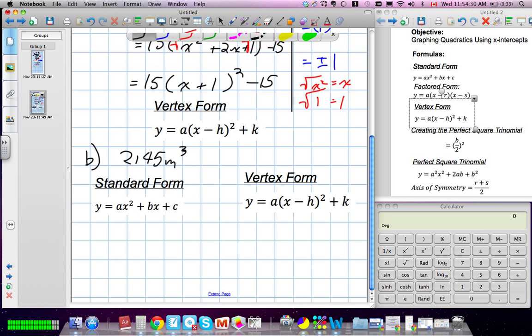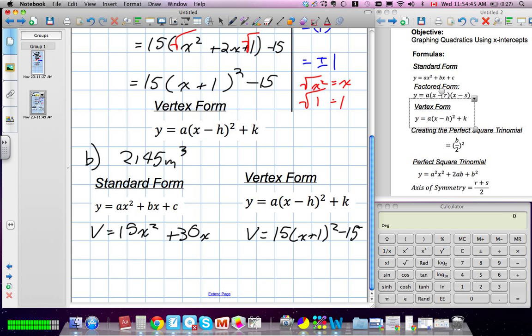So we're going to write both of them out. Because volume was equal to 15x squared plus 30x, and volume was also equal to our vertex form, which is 15(x plus 1) squared minus 15. Since the actual volume is 2,145, we're going to replace that. So I have 2,145 is equal to 15x squared plus 30x.